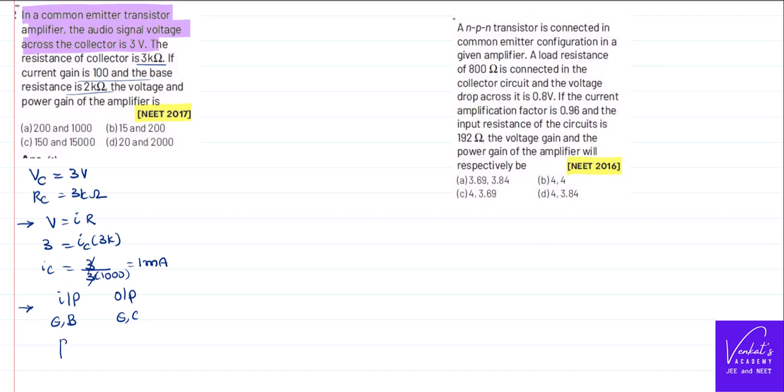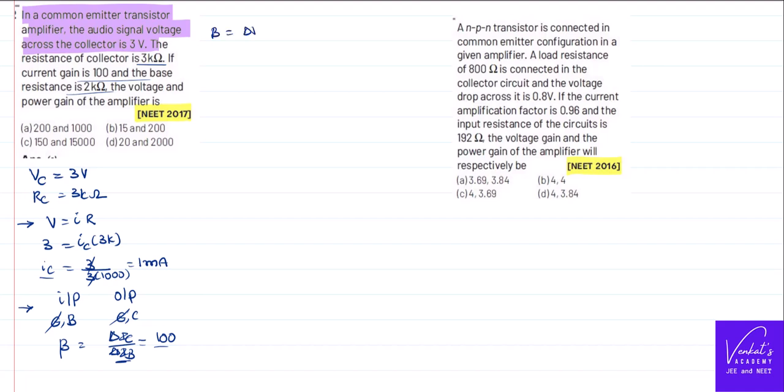Then the current gain beta equals output current IC by base current, eliminating the common element. As collector current is much more than the base current, the amplification factor is large, and that is given as 100.